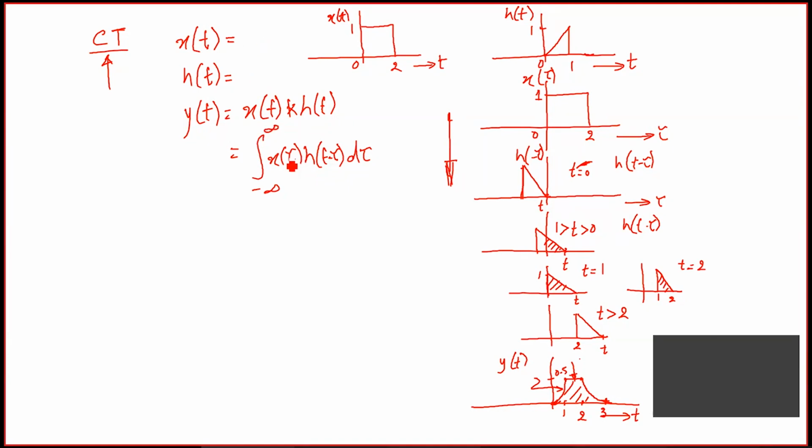We can very easily plug it in, solve the integral and find out the result for y of t. But if you want to know the shape, if you know how to plot that function, you can just flip the second function and then keep shifting till we have overlap. And once overlap stops, that means you don't need to shift further. So this was for continuous time.